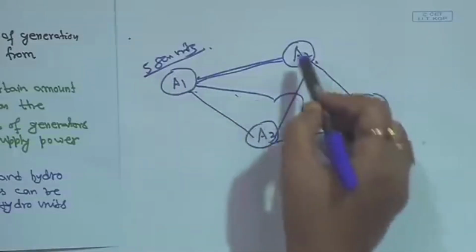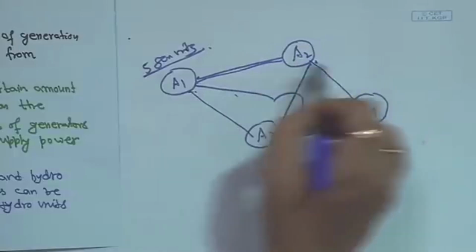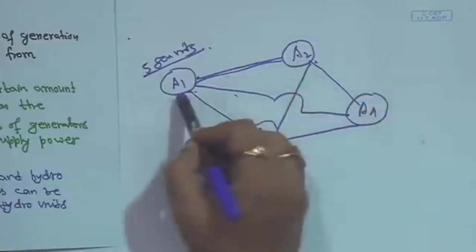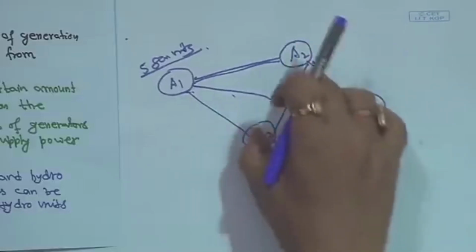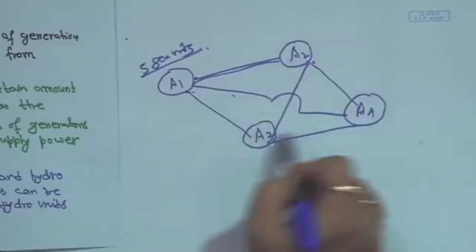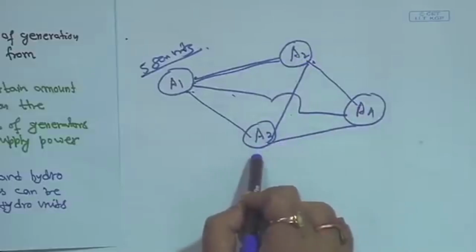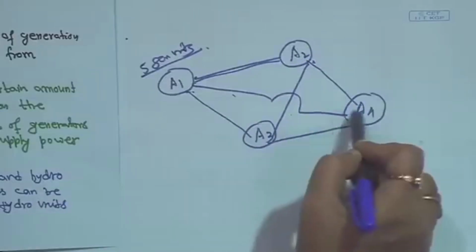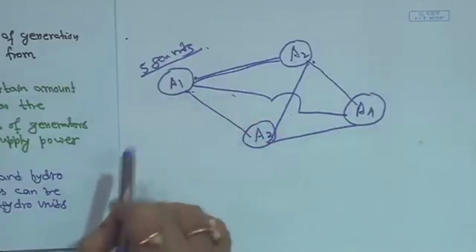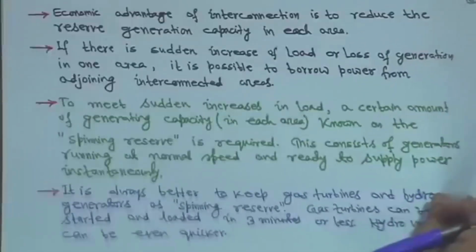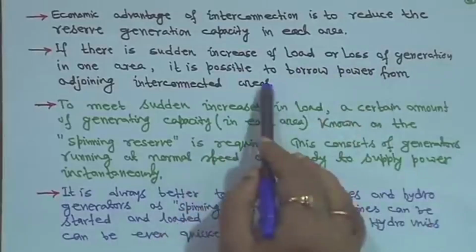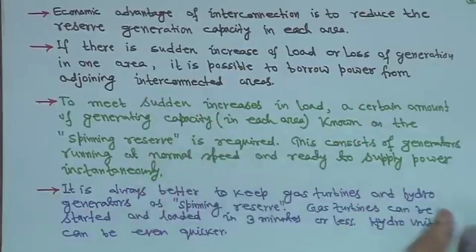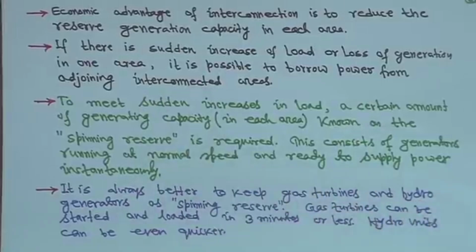In that case, from these adjoining interconnected areas, this additional load can be supplied, assuming they have sufficient generating capacity to supply it. So that's why, if there is a sudden increase of load or loss of generation in one area, it is possible to borrow power from adjoining interconnected areas. These are the major advantages of interconnected operation.